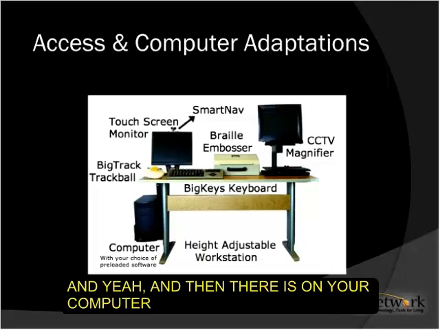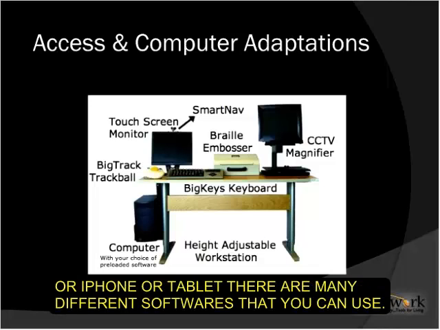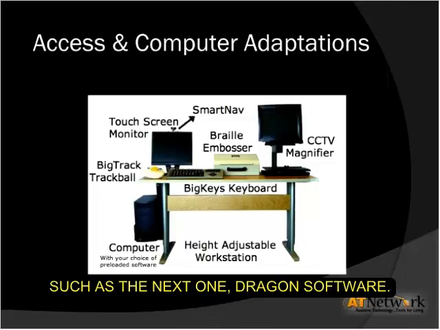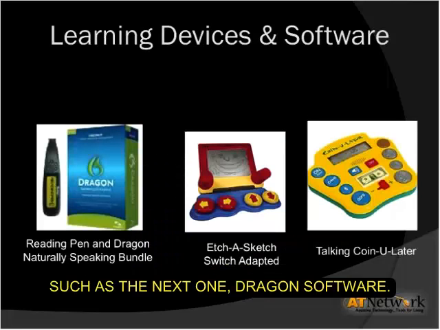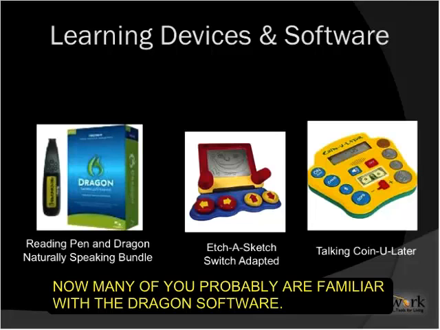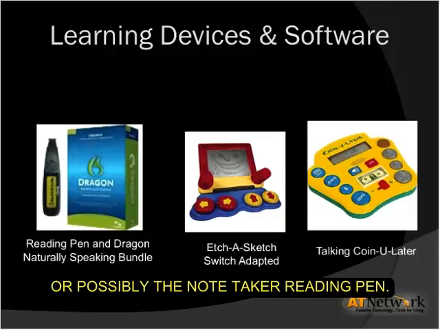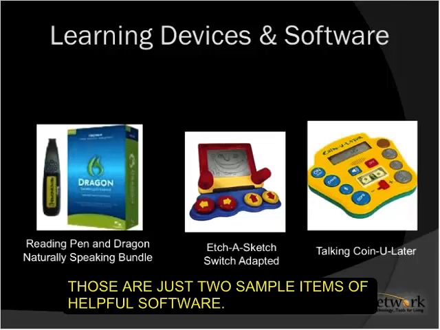And on your computer or your iPhone or your tablet, there are many different software programs that you can use, such as the next one, Dragon software. Now, many of you probably are familiar with the Dragon software, or possibly the note-taker reading pen. Those are just two sample items of helpful software.